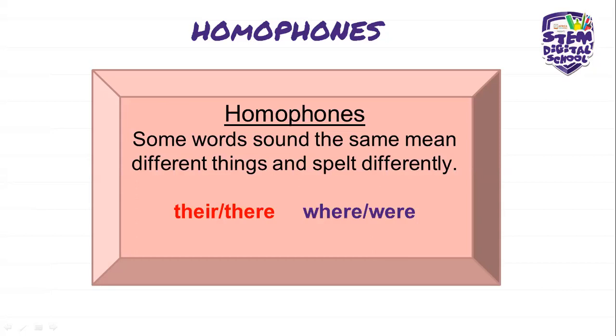Remember when I told you last week, it's something that sounds the same but doesn't look the same and isn't spelled the same and has a different meaning. I have here an example: pair and pear. Pair, like I have a pair of shoes, and pear like an apple and a pear.